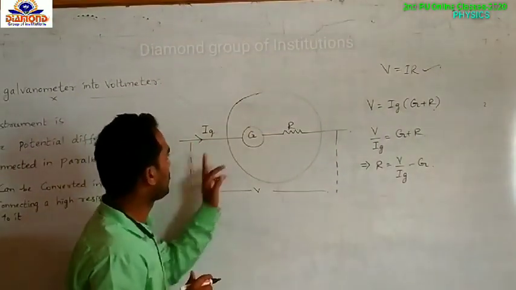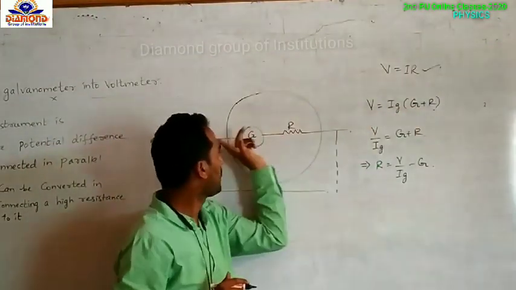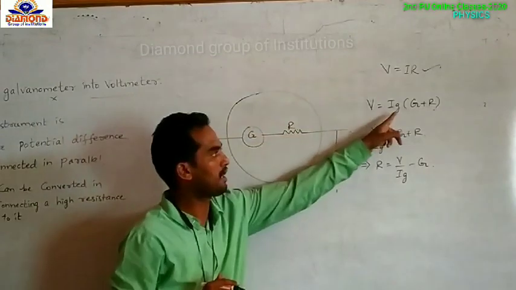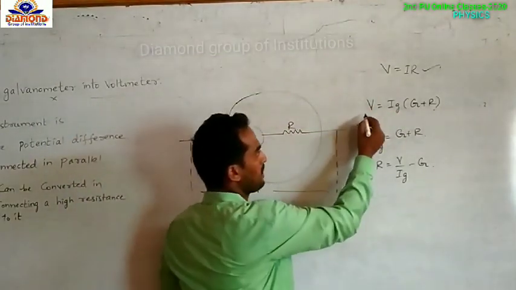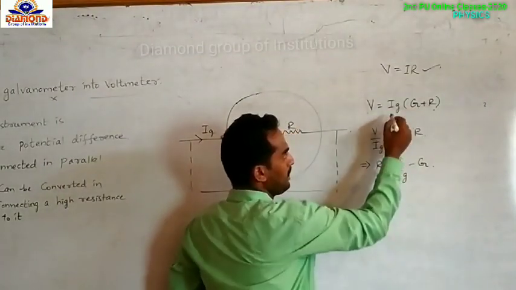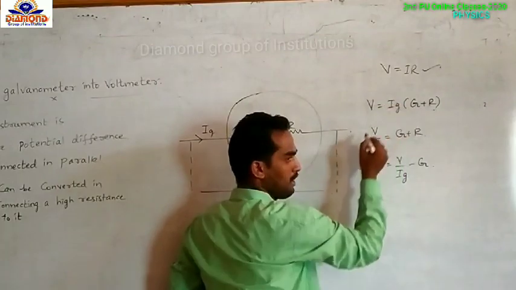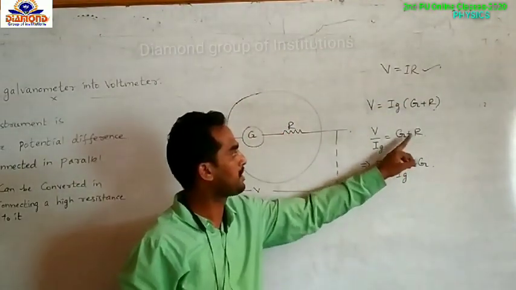So that is Ig into G plus Ig into R, which gives the total potential difference. So V equals Ig into (G plus R). Then if you take Ig to the left side, V by Ig equals G plus R.